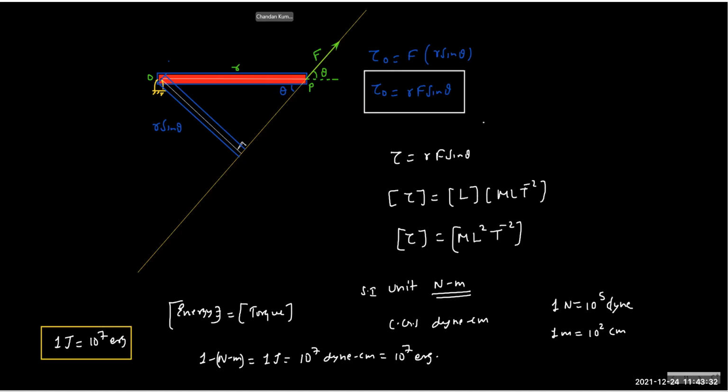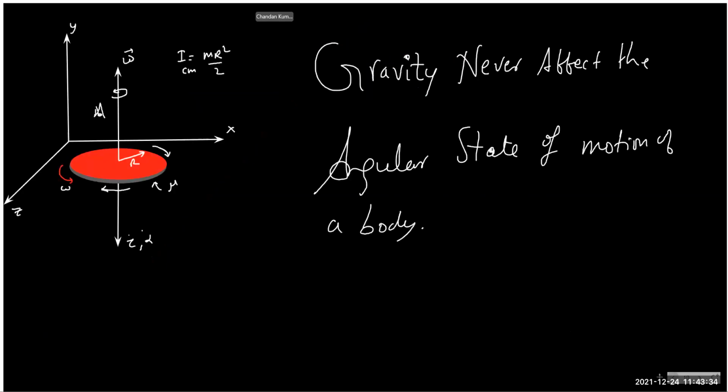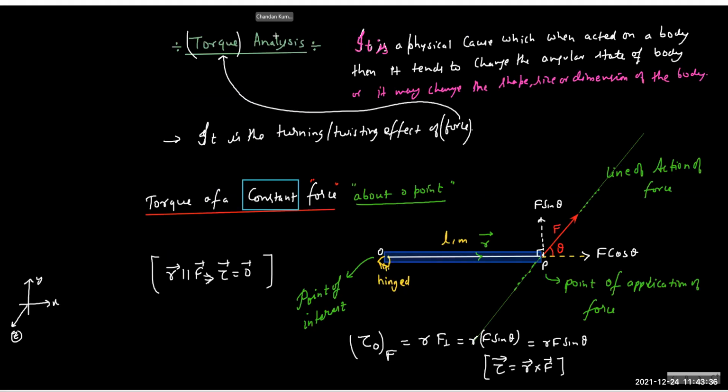Okay. So now we are done with the torque about a point, but we are looking for torque about an axis. But let's make something more of an observation here. What if the line of action of the force passes through the point of interest?